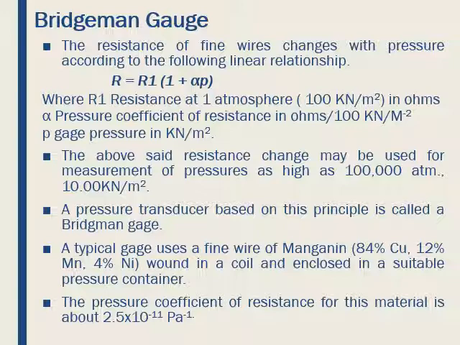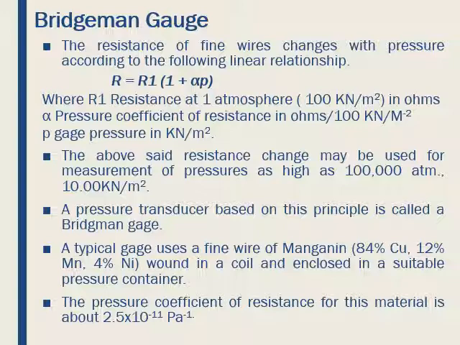The above said resistance may be used for the measurement of pressure as high as 1 lakh atmospheres or 10,000 kilonewton per meter square. Generally, a pressure transducer based on this principle is called a Bridgman gauge.